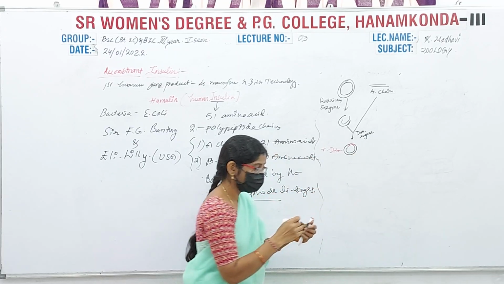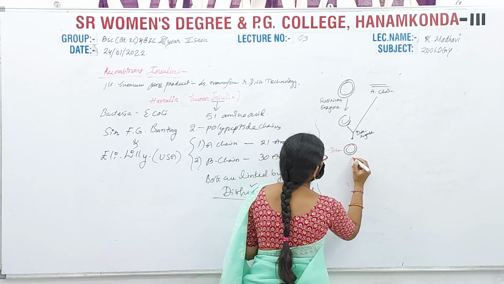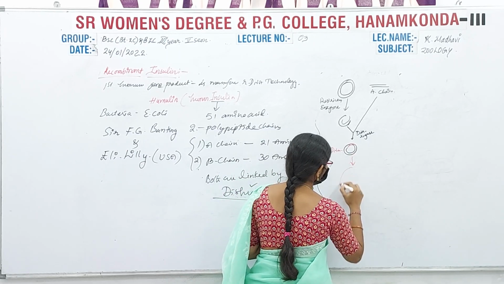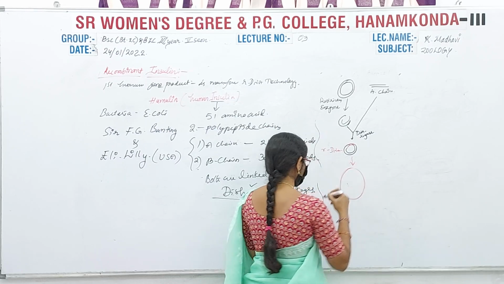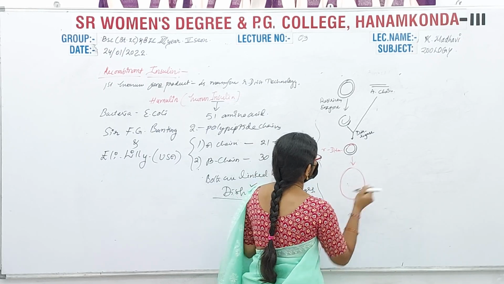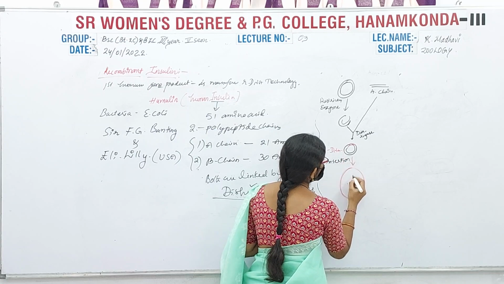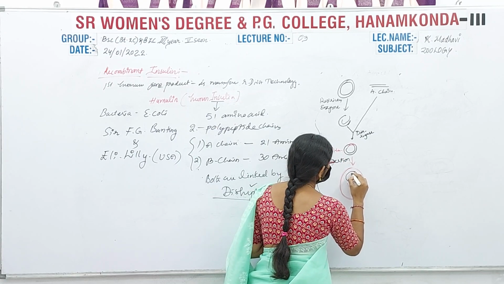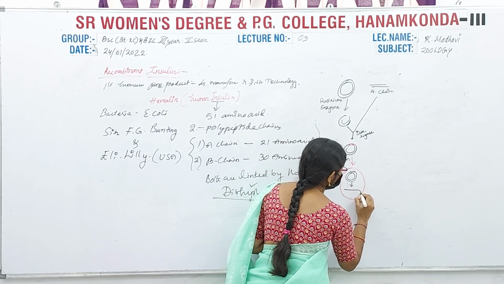And now this rDNA is slowly inserted into the E. coli bacteria. Now it is ready to produce the A chain.